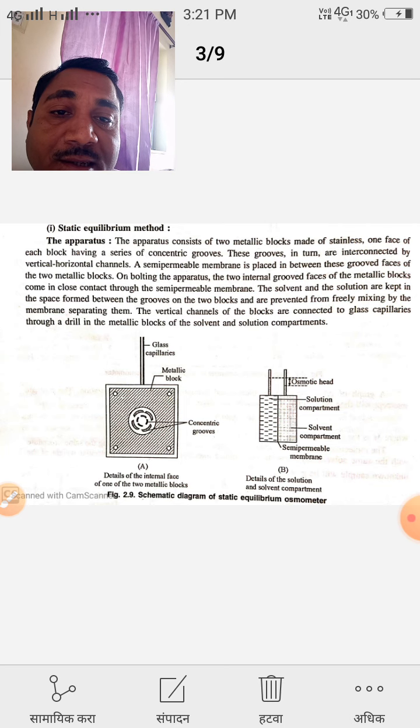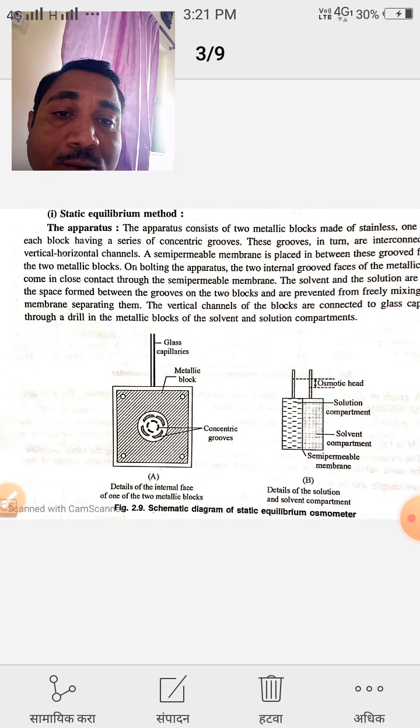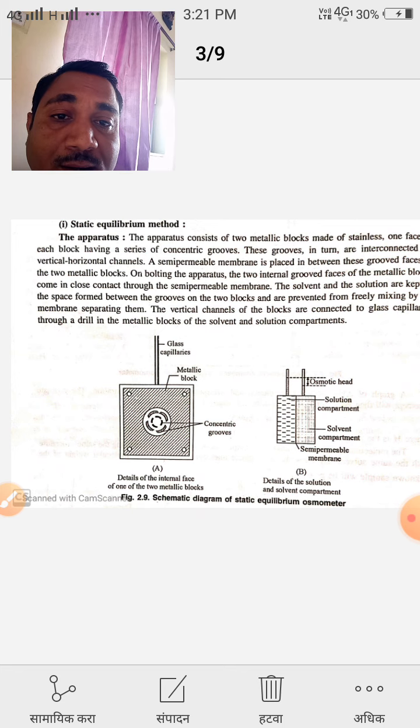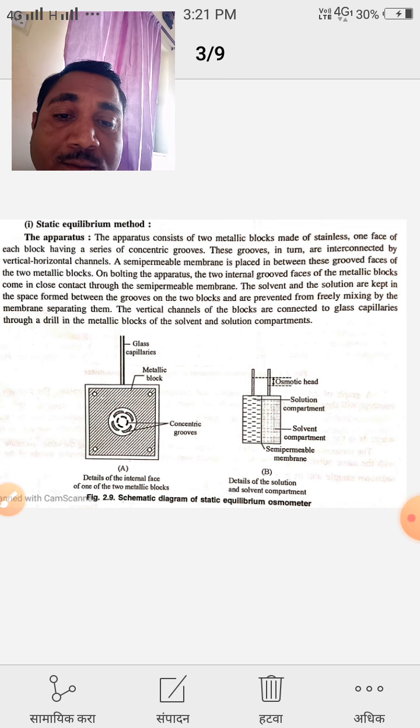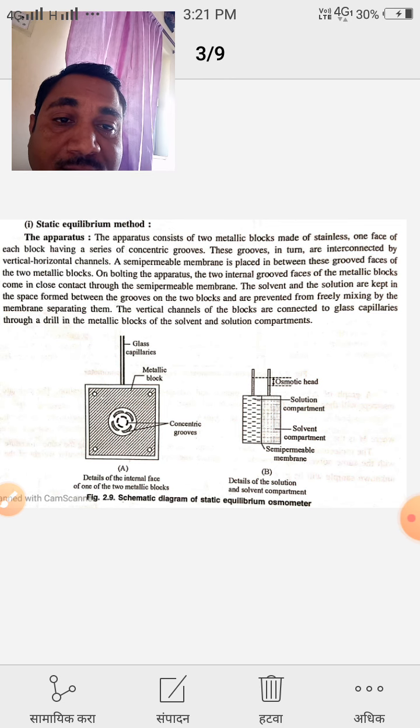The apparatus consists of two metallic blocks. Here the diagram is given, so I can only orally explain the construction of this apparatus. The apparatus consists of two metallic blocks made of stainless steel.